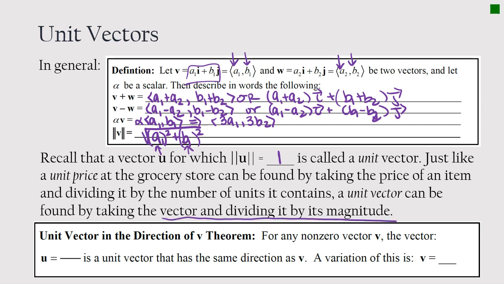So, unit vector in the direction of v theorem: for any non-zero vector v, the unit vector u is the vector divided by its magnitude. So it's a unit vector that has the same direction as v. In other words, v is the same thing as the unit vector times the magnitude.